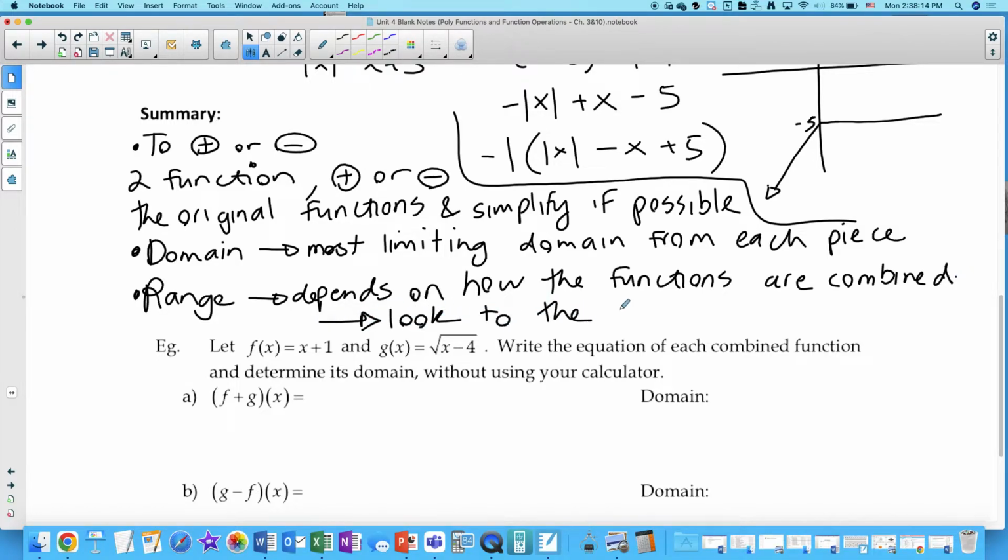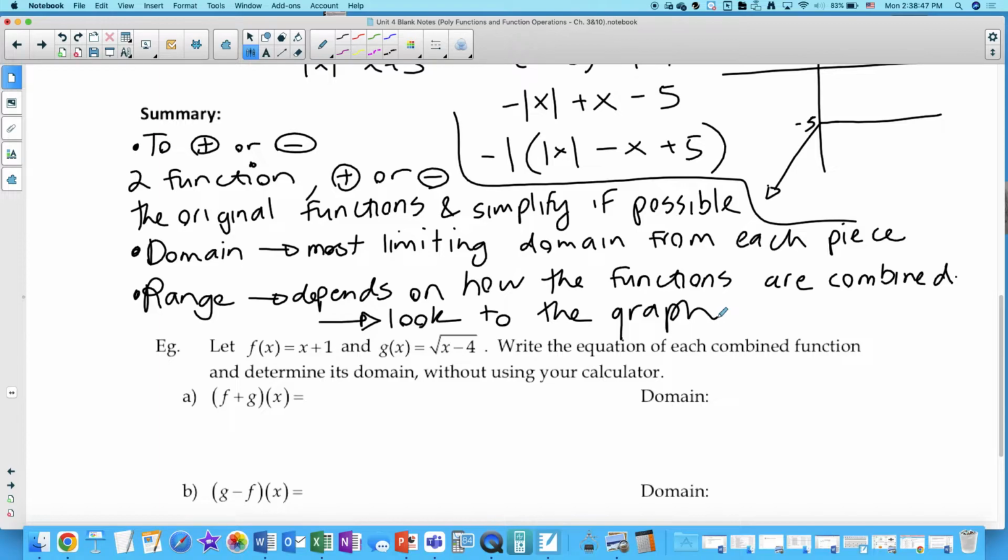We can't even say, for example, that if both ranges are y is an element of the real numbers, necessarily the new range will be that as well. Because if, for example, you took one function to be y equals x and the other function to be y equals negative x, when you add them together, you get y equals 0, which just has a range of 0, right? So there's no generalization that we can make here. So you have to treat it on an individual basis.